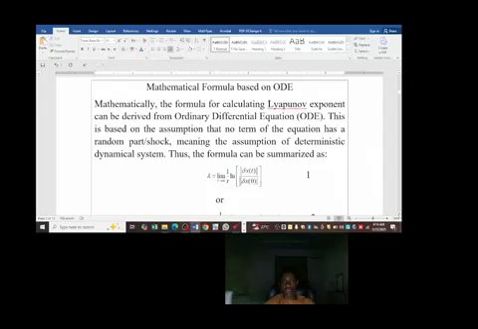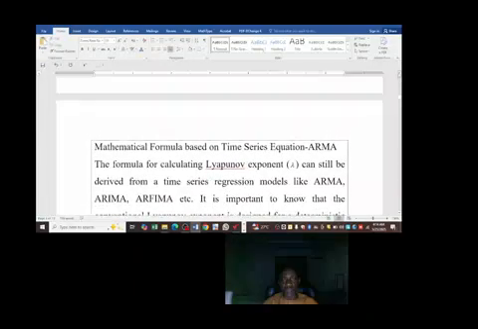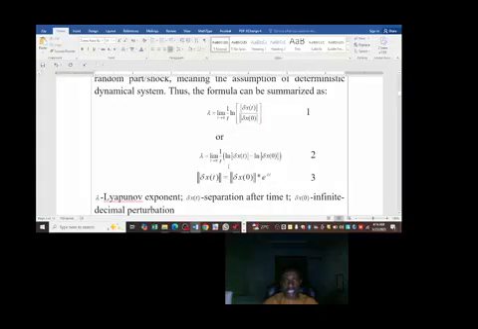Lambda is equal to the limit as t moves to infinity of 1 over t times ln of x_t over x_0, where x_t is equal to x_0 multiplied by exponential raised to the power lambda t, where lambda is the Lyapunov exponent.